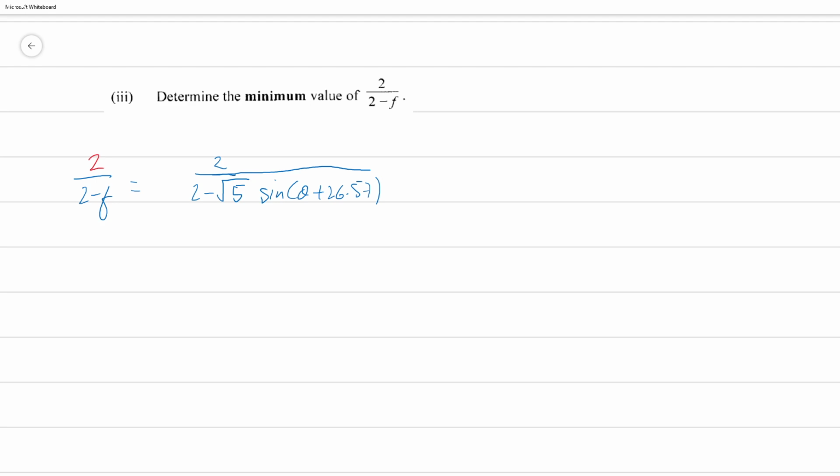So you could see that sine of theta plus 26.57 has a minimum value of -1 and a maximum value of 1.